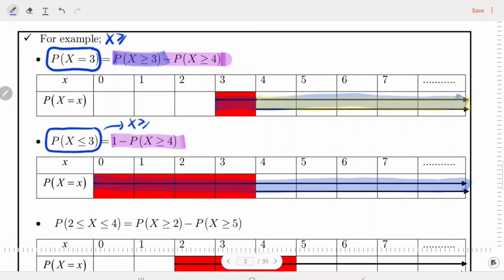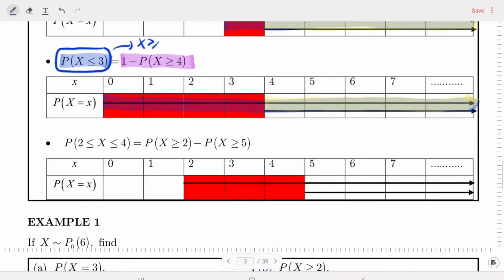Since we would like to find the probability for X ≤ 3, it means that we don't want the probability starting from 4 and above. So we need to minus it with the probability from 4 to infinity. So we get the probability that we want, which is the probability for X ≤ 3.